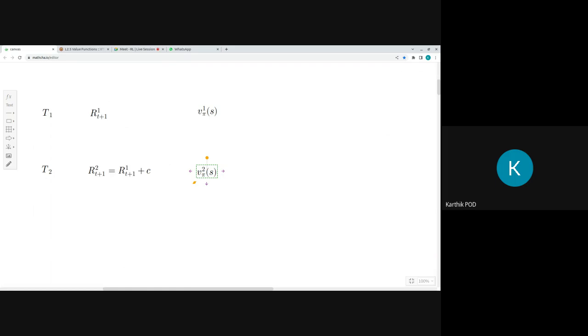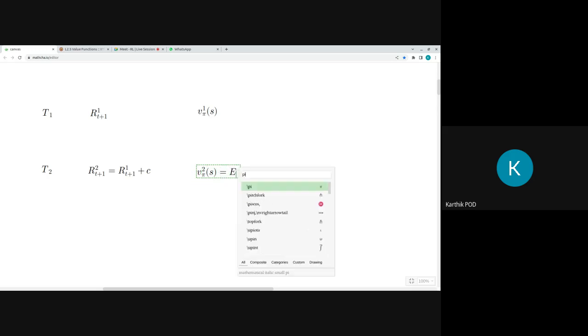Any idea how to do this? Again, recursive. That is one thing we could do. The other thing is we could just look at the definition of these two. This is the expectation under pi of G_t given S_t equal to s, in task 2.